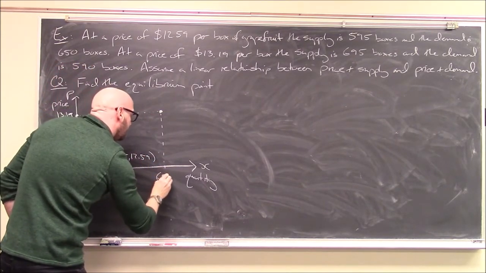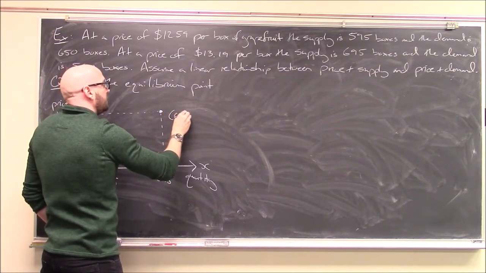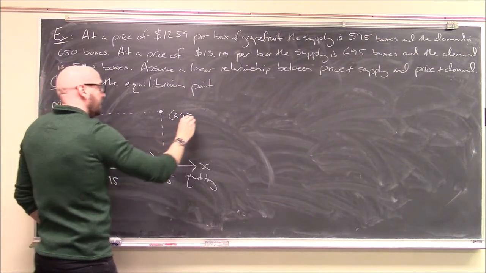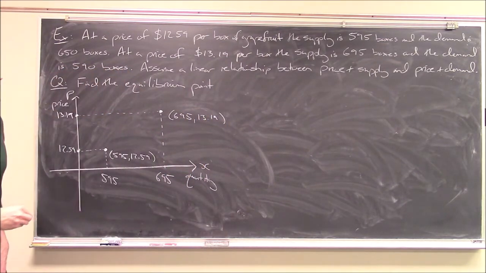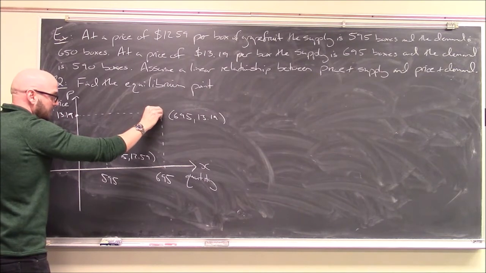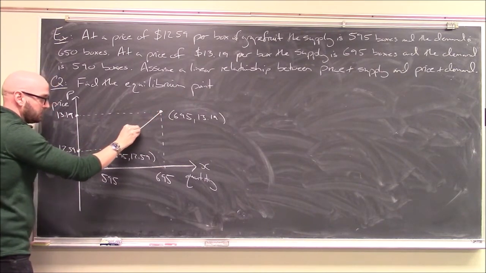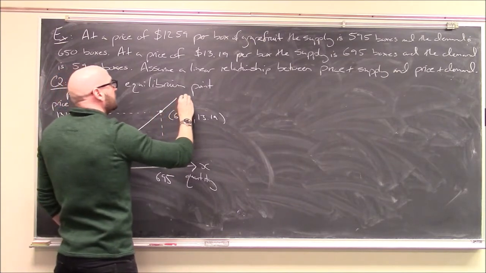This is the point 695 and 13.19. We're assuming a linear relationship between price and supply. That means all the other points would fall on this straight line graph.